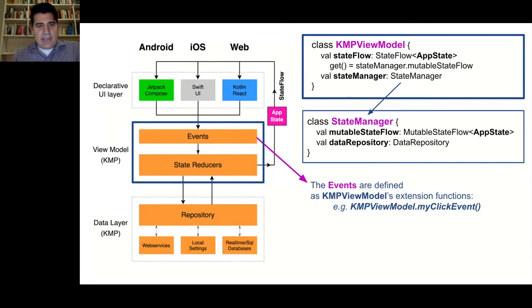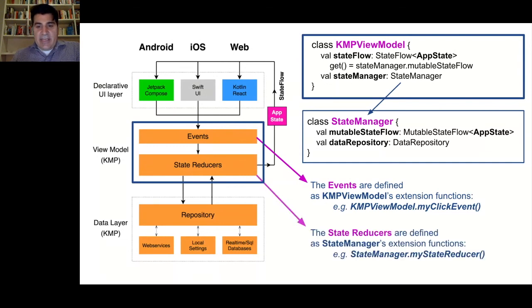Then these two things that you see inside the view model are events, which are the ones directly called by the UI, and then the state reducers, which are the elements which make modifications to the app state. So the events are defined as this class KMP view model extension functions. And state reducers are defined as this other class, state manager extension functions. And you might ask, why extension functions and not just simply methods?